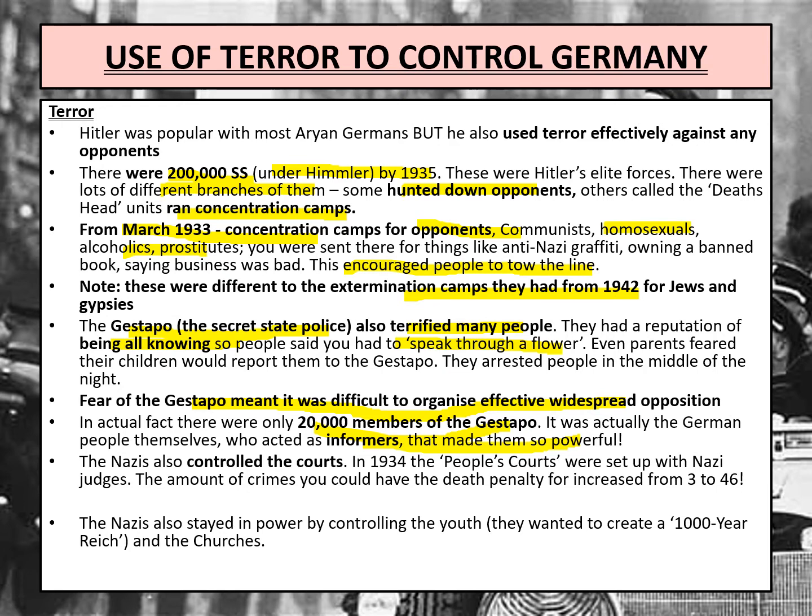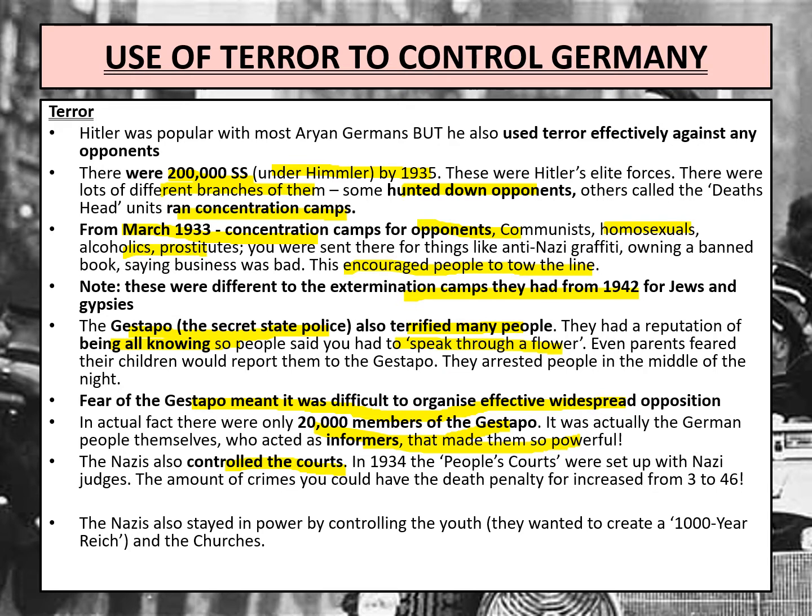The final area for terror to know about is that the Nazis also controlled the courts. Even if you hadn't committed a crime, there was basically no way of getting out of it. Remember, since February 1933, when the Nazis passed the emergency decree after the Reichstag fire, people didn't have the same civil rights anymore. They didn't have freedom of speech, and the Nazis could arrest you without any evidence.